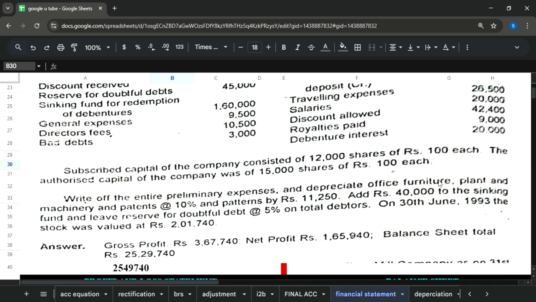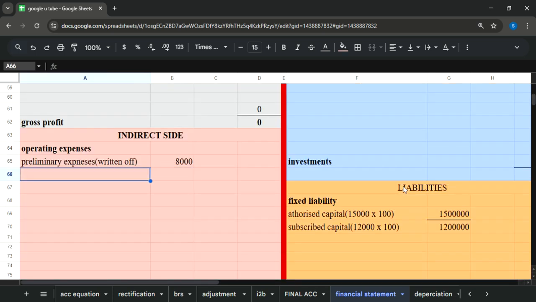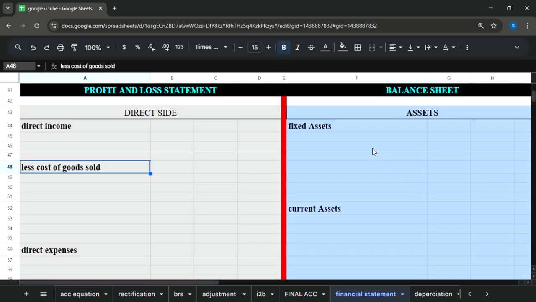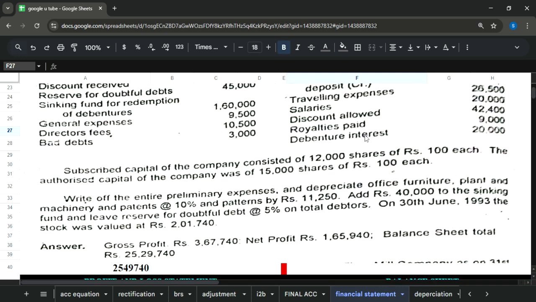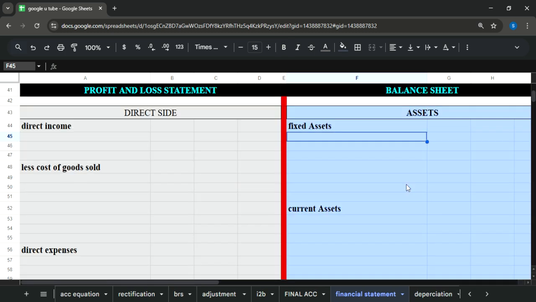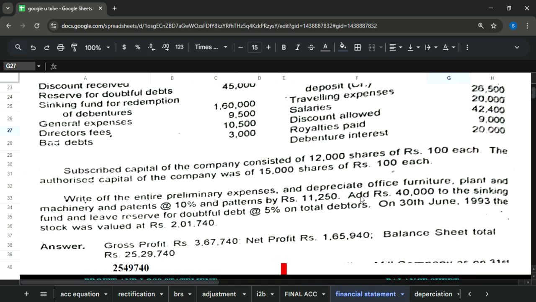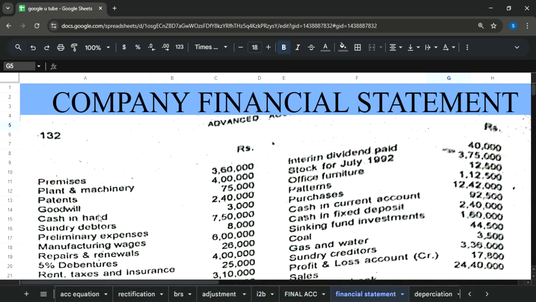Depreciate office furniture, plant, machinery, patents. Oh, there are, I think, at least three depreciations. So first we will start with depreciation of office furniture. We'll come over here to the fixed asset side, and here we will mention the relevant assets. As we have decided that office furniture is our first asset, the amount of which we will see over here.